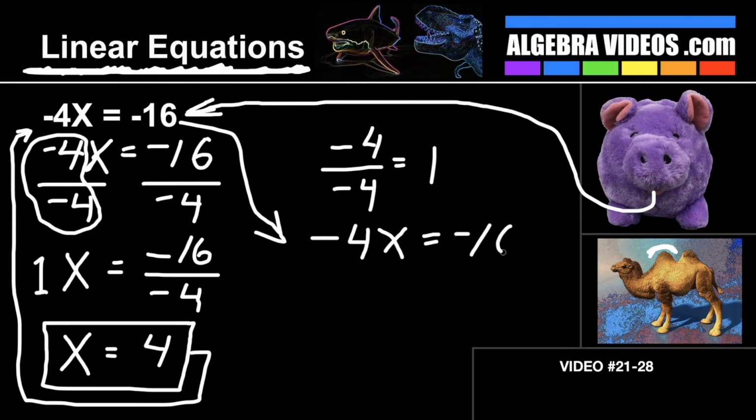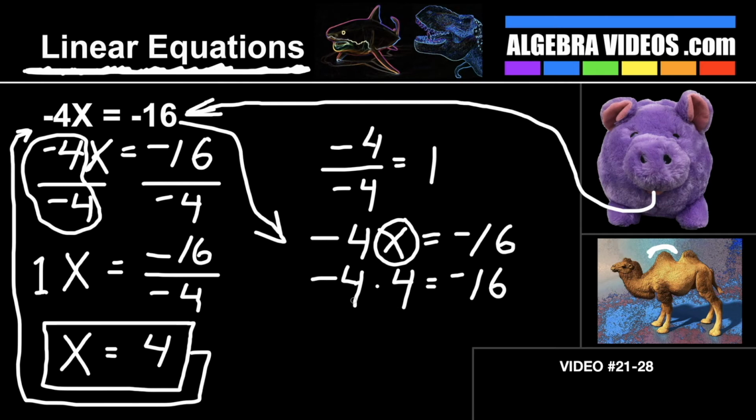I just rewrote the original problem. And now for this x, I'm going to plug in our 4. So negative 4 times, instead of x, a 4. That was our solution, right? So negative 4 times 4 equals negative 16.